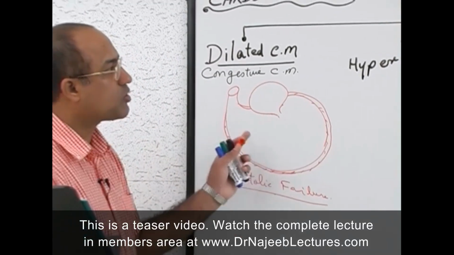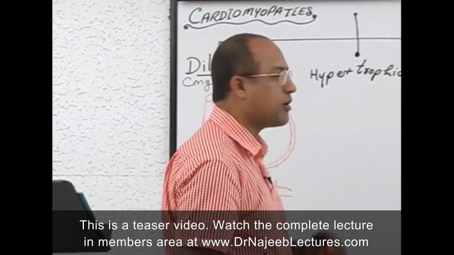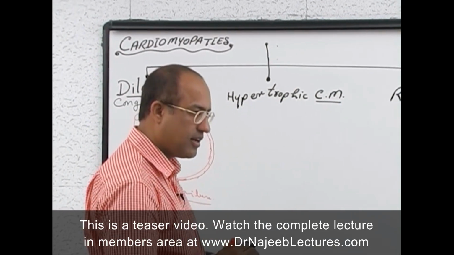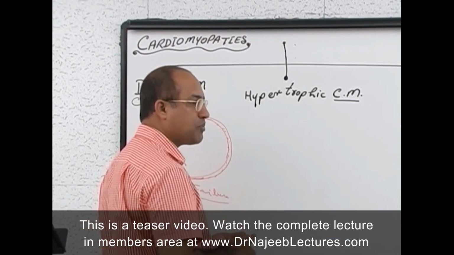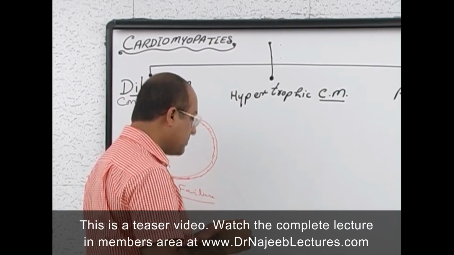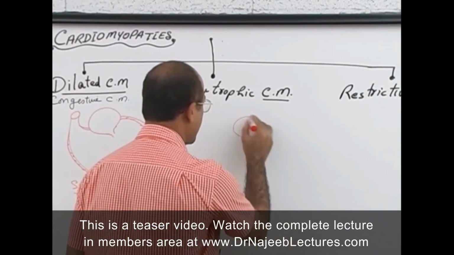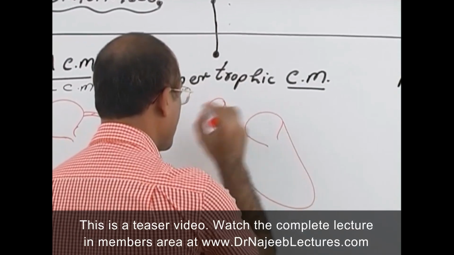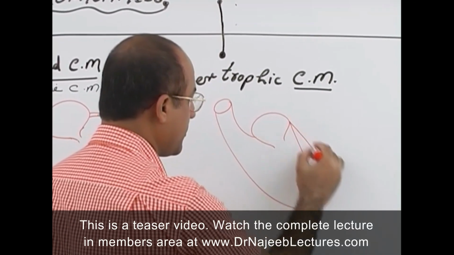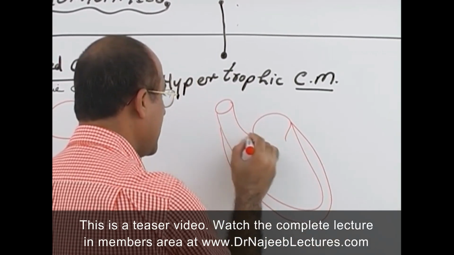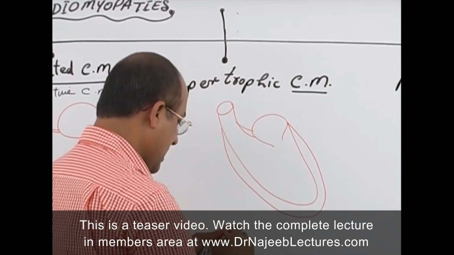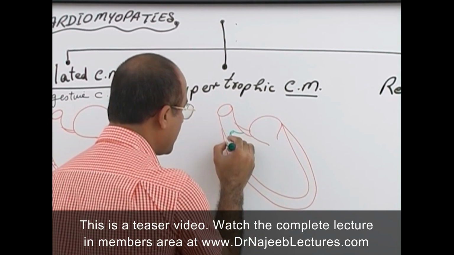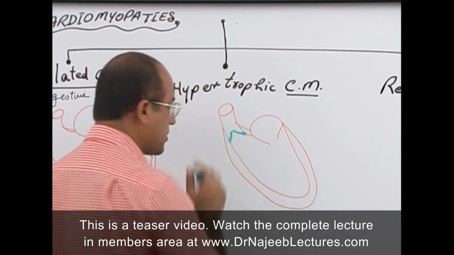Now, opposite to that, hypertrophic cardiomyopathy is different. In this case, there is pathological hypertrophy of the myocardium. Let me explain that. Suppose this is the normal left ventricular chamber, and here is your aortic valve.